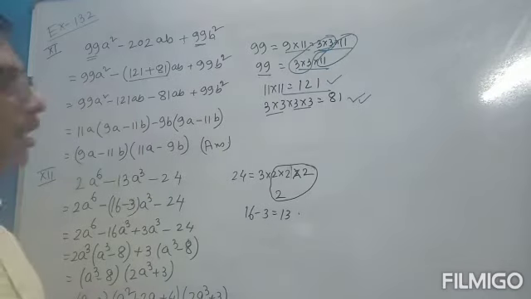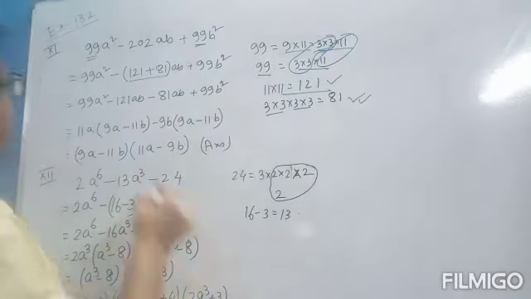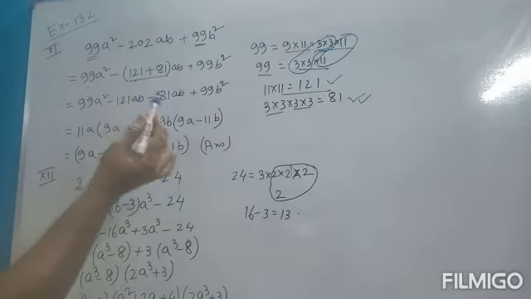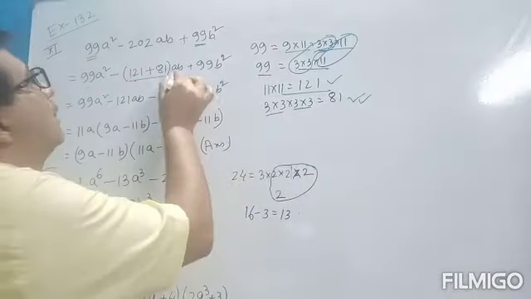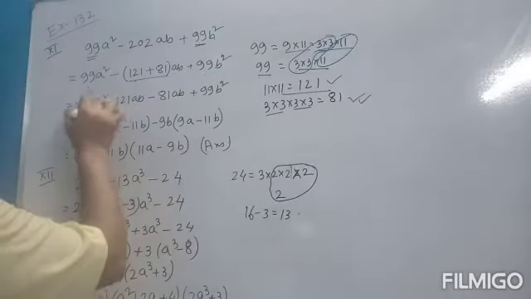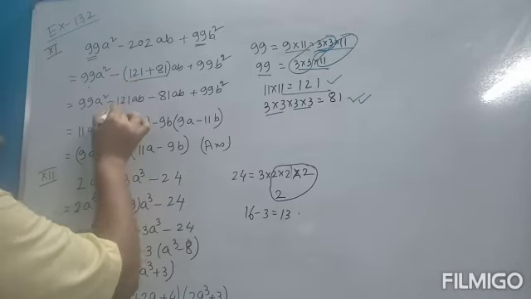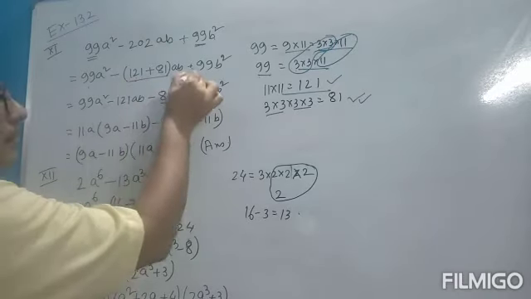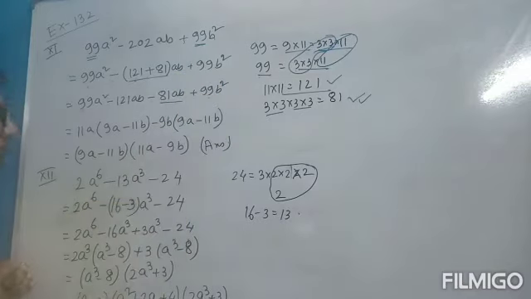Clear? So start again here. 99 a square minus 121 ab minus 81 ab plus 99 b square. Now 99 a square minus 121 ab, plus minus is minus 81 ab plus 99 b square again.